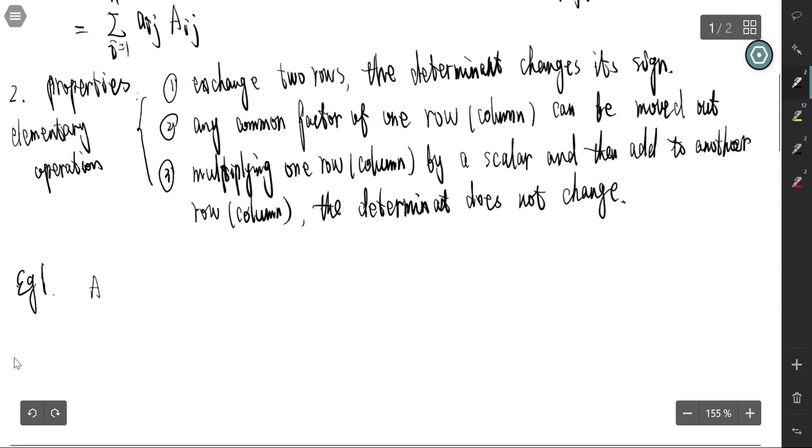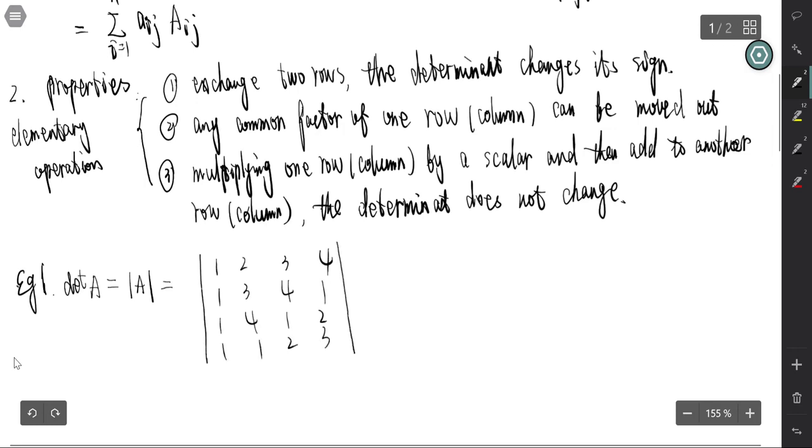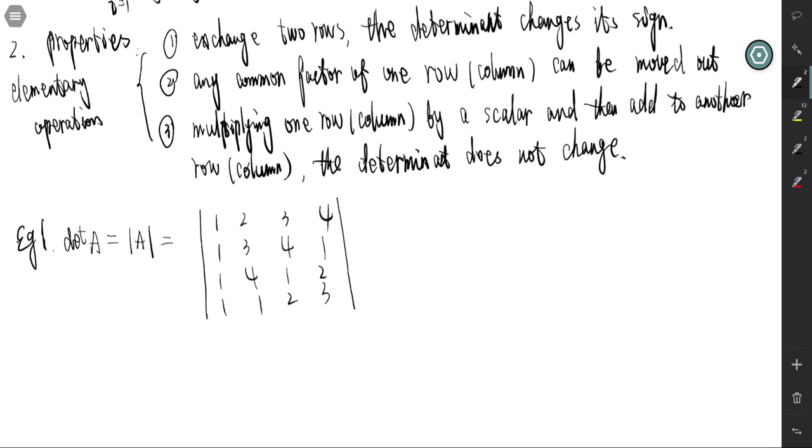Now the determinant of A, or sometimes we write it as this, is 1, 2, 3, 4, and 1, 3, 4, 1, 1, 4, 1, 2, and 1, 2, 3. Use row operation, elementary operation.